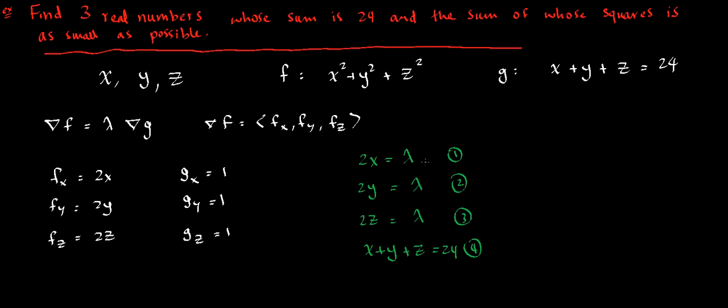So we can see that 2x is equal to lambda, so if we divide by 2 on both sides, x is equal to lambda over 2. Here we see that y is equal to lambda over 2 and z is equal to lambda over 2.